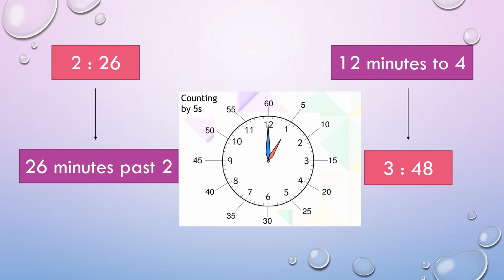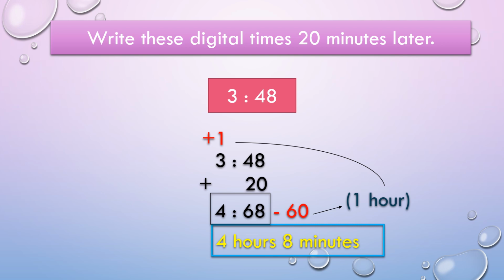Clear, guys? Okay. How if the question asks you to write this digital time 20 minutes later? I am giving you an example here. This is the time, 3:48. Always remember, 3 is the hour. This is the minutes. Clear?